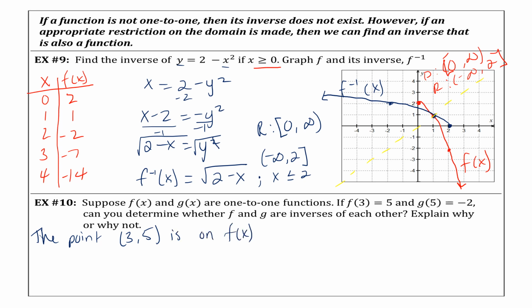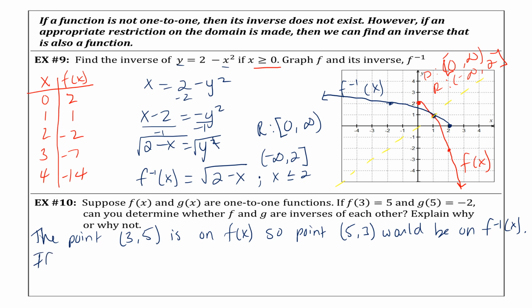So the point 5, 3 would be on the inverse of that. Okay? And so if g of x was the inverse, that means that g of 5 would have to equal 3. But does g of 5 equal 3? No. So that's what we're stating.